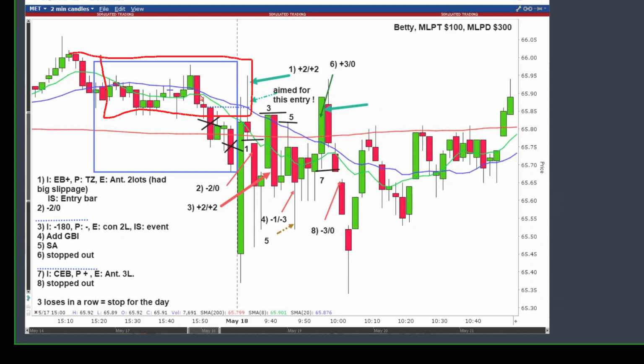And you're going to learn that even stop and reverses that just smash right into your Fabulous Four, those are the ones that give you the most trouble, right? We talked about the 360 if it was a stop and reverse, right? The ones that just smash right in there, you know.